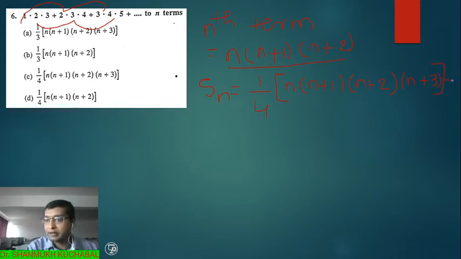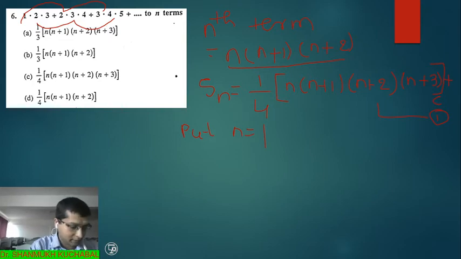Then we have to add c over here. I call it equation 1. Further we will put the value of n equal to 1. So I told you Sn means the first term, it is 1 into 2 into 3, it is 1 by 4.